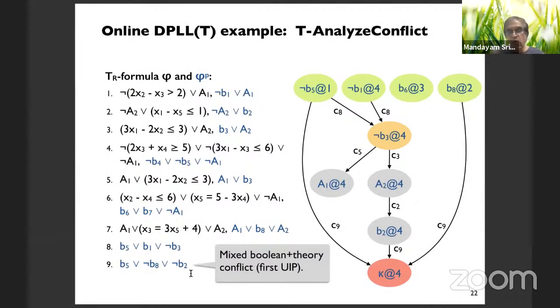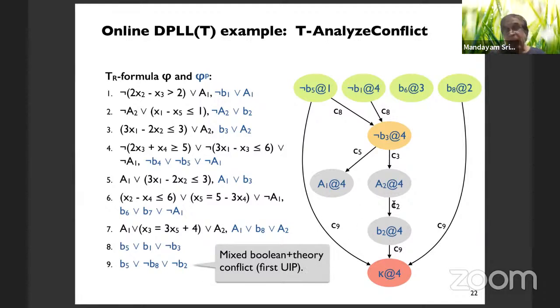Okay, because the cause of this conflict is due to invocation of T-solver, but it is being added as a Boolean conflict clause into the CDCL part of it. As opposed to if you got a conflict by the CDCL itself at the Boolean level, that will be the more traditional Boolean conflict. To distinguish that, this is called mixed Boolean theory conflict.